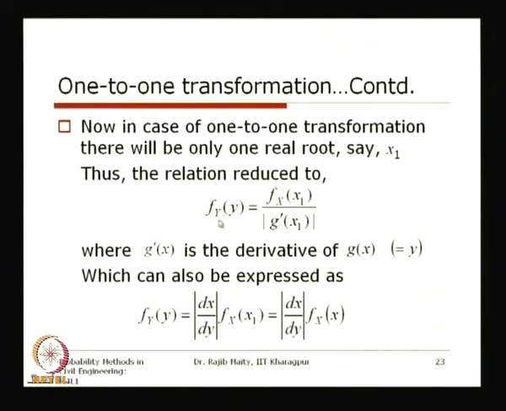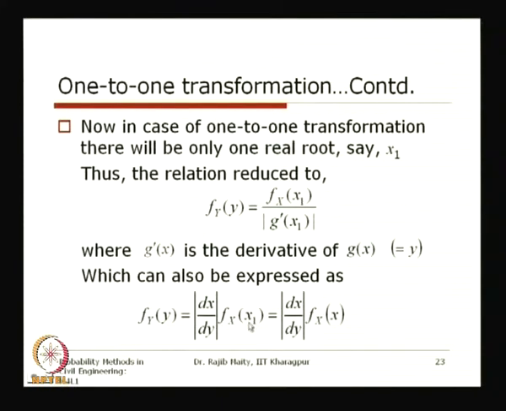So, f_Y(y) equals f_X(x1) divided by g prime(x1). Now, g prime(x) is a derivative, and g(x) equals y. So, this can also be expressed as f_Y(y) equals dx/dy, multiplied by f_X(x1).